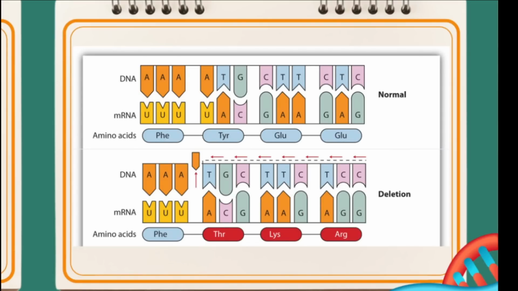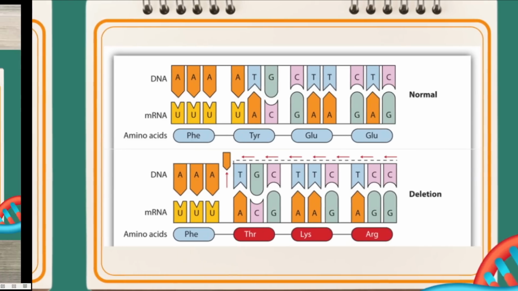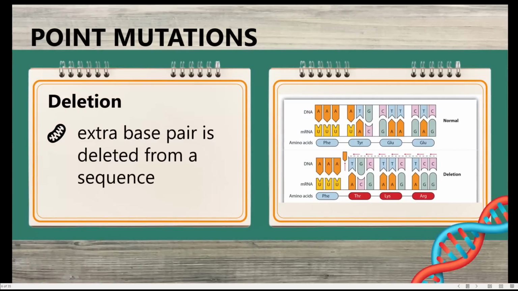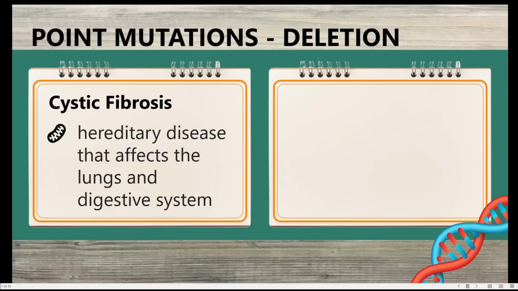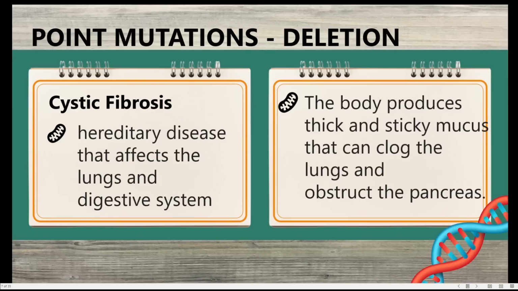So, what is an example of a disease that is caused by this type of point mutation? An example of a disease caused by deletion is cystic fibrosis. So, what is cystic fibrosis? Cystic fibrosis is a hereditary disease that affects the lungs and digestive system. If a person has cystic fibrosis, his or her body produces thick and sticky mucus that can clog the lungs and obstruct the pancreas.